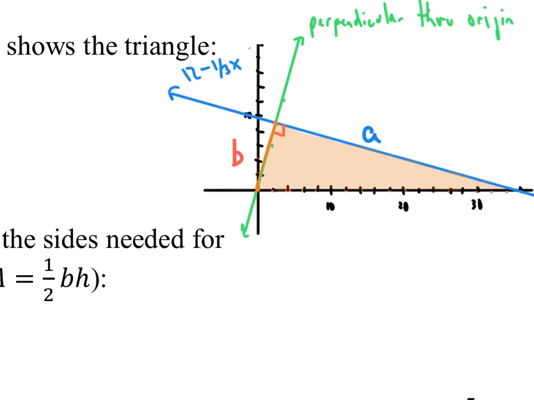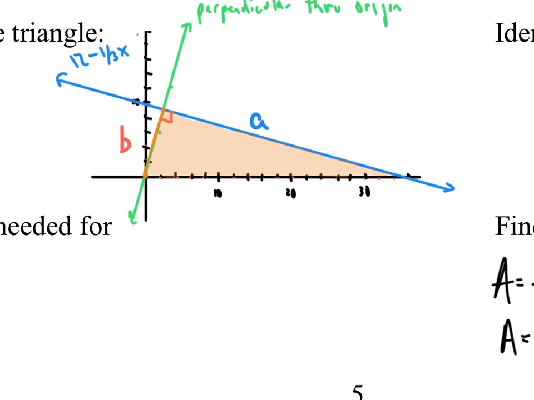We're also going to use the distance formula to figure out how long a is, which would be the distance between this point here and this point over here, which is, again, 36, 0. This is 0, 0. And what I don't know is where this point is. So I've got to figure out what that is first. So I want to find the distance between the origin and this mystery point, and then that mystery point and 36, 0.